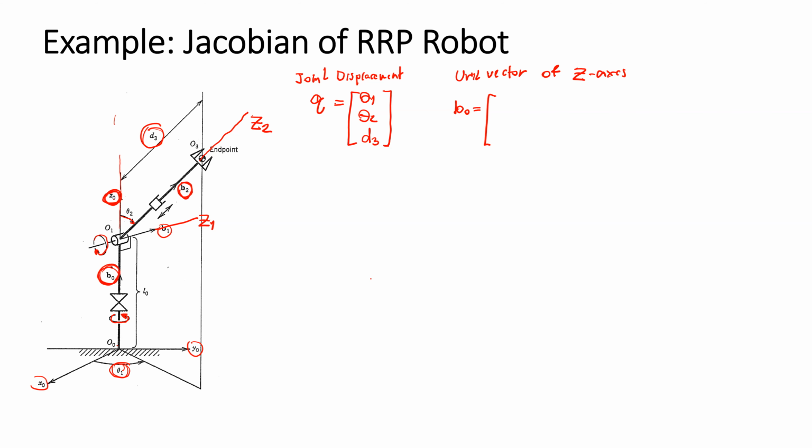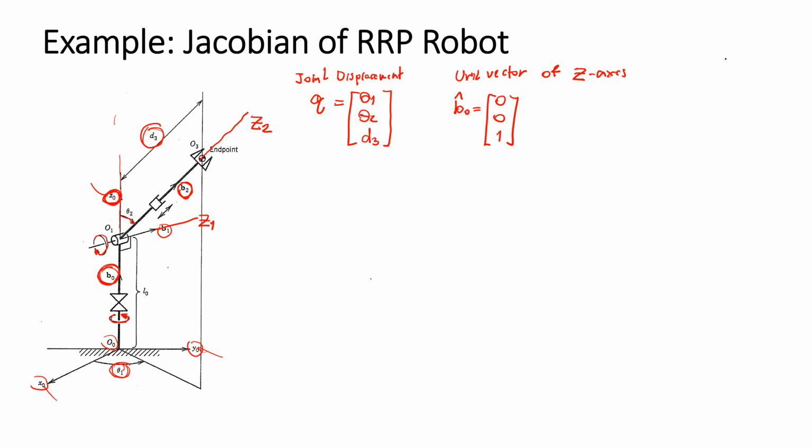The b0 unit vector is always 0, 0, 1 with respect to the global coordinate. b0 is the z-axis of frame 0, always 0, 0, 1.